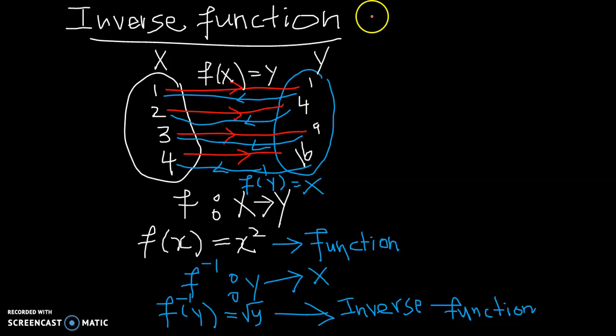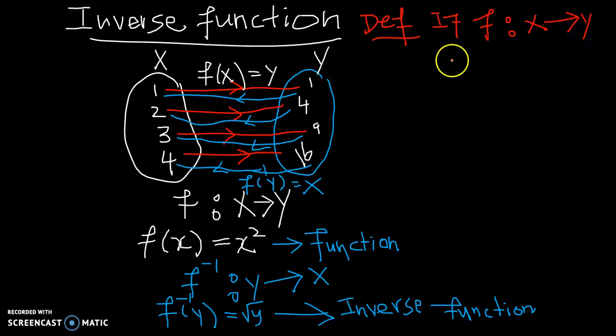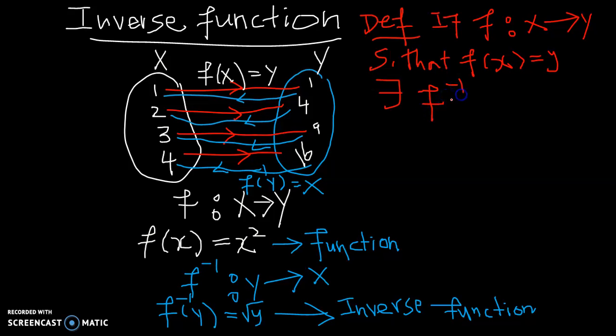What does the definition say? The definition says that if f is a function from x to y such that f of x equals y, there exists an inverse function f inverse from where to where?